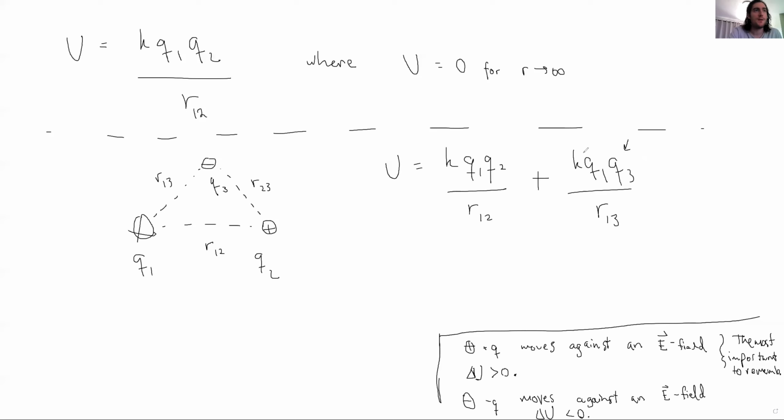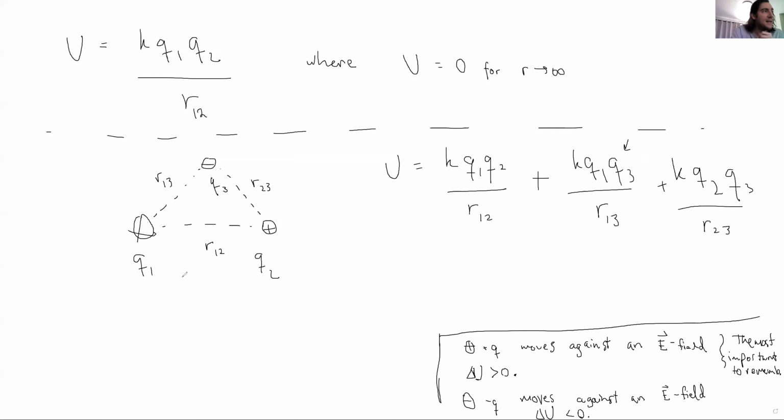But then also, there's a K, Q2, Q3 over R23 term. And so this is where bookkeeping starts to become really important. When you're looking at potential energy, you have to make sure that you account for this new charge based on all of the charges which are already there.